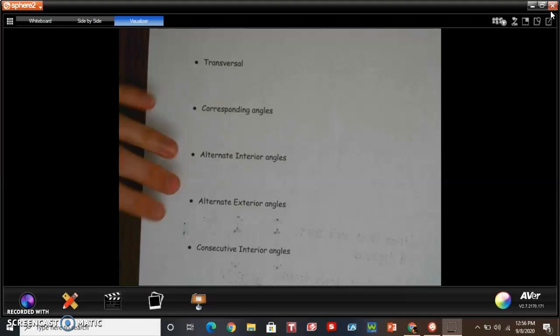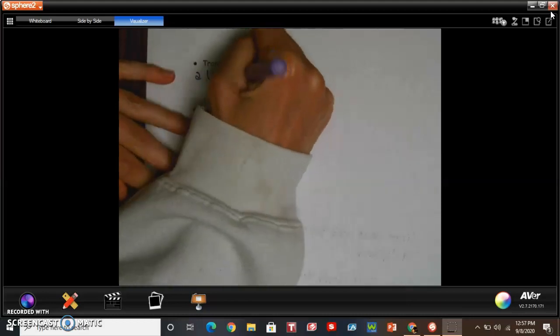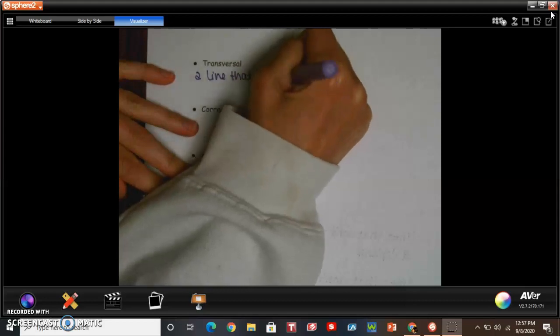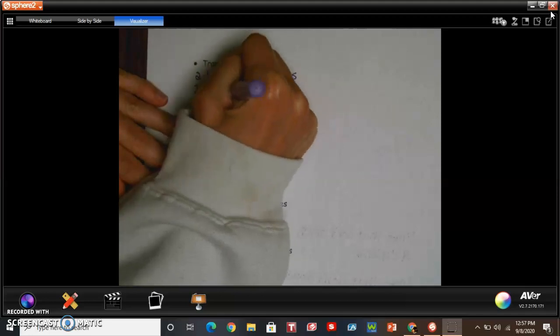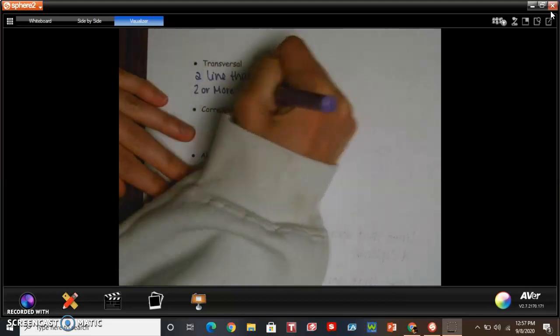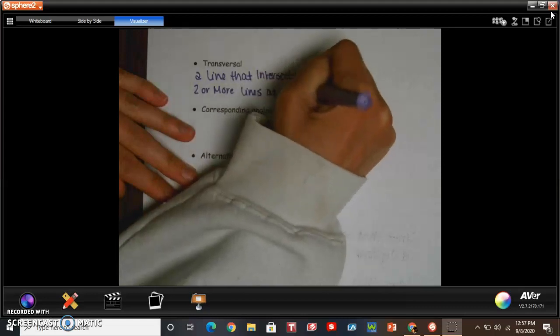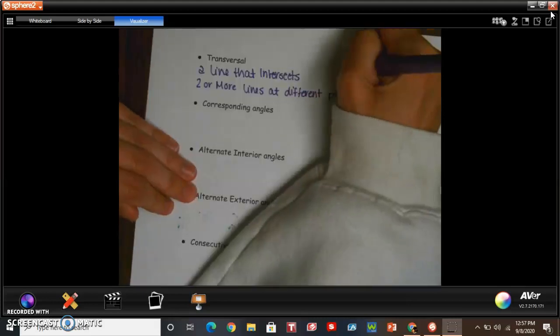A transversal. This is a line that intersects two or more lines at different points. Okay, so let's say we have 2 lines.